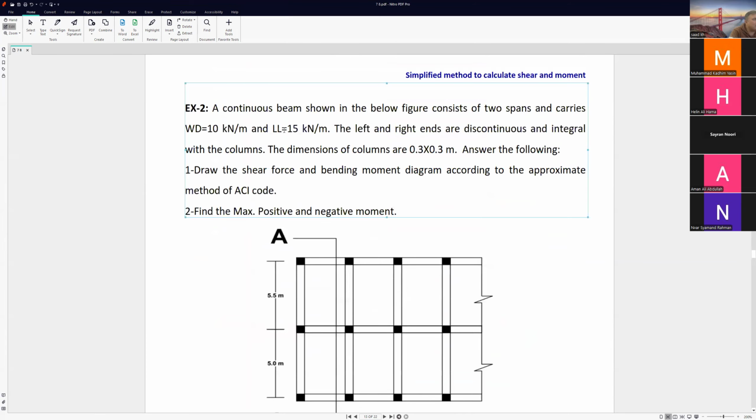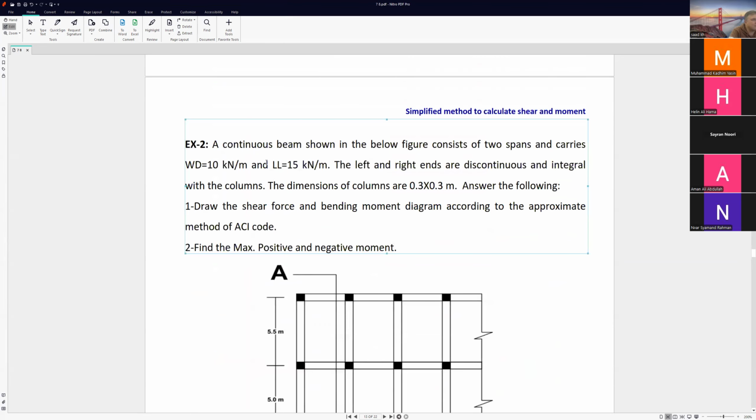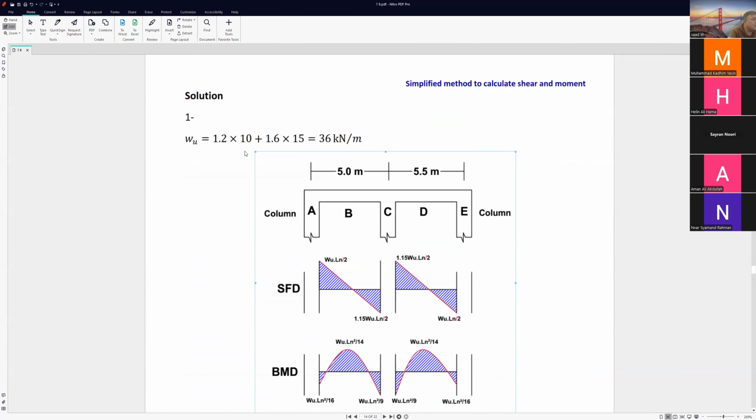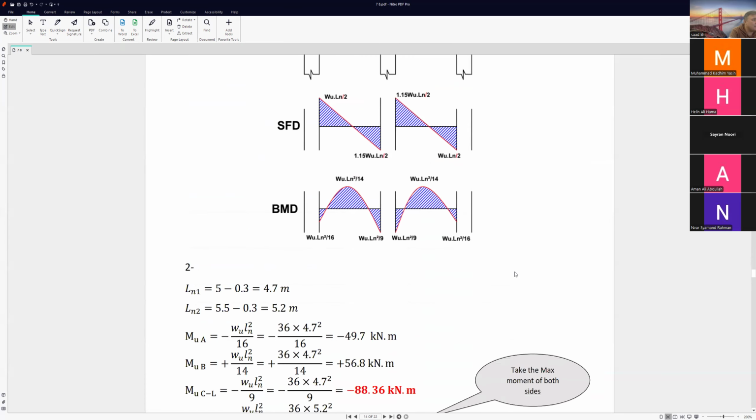We have dead load and live load: 1.2 dead load plus 1.6 live load, or 1.4 dead load, whichever is the maximum. Okay, you should choose it. 1.2 dead load plus 1.6 live load is 36 kilonewton per meter.